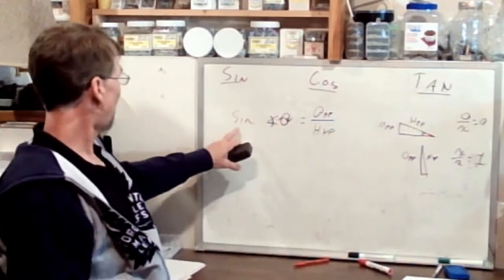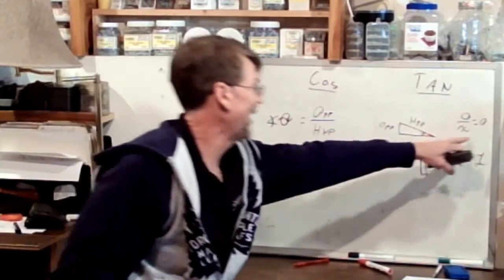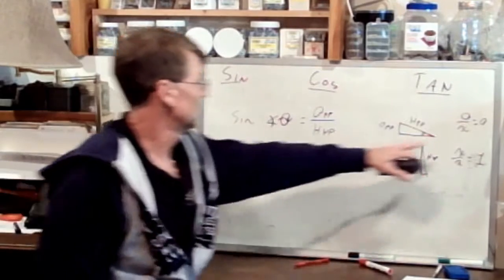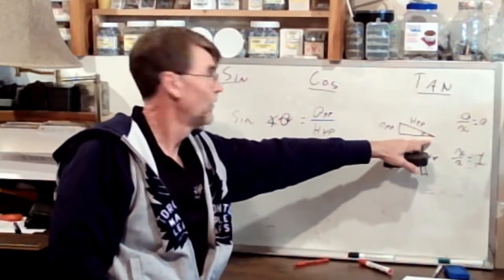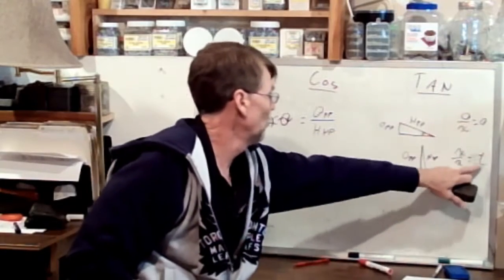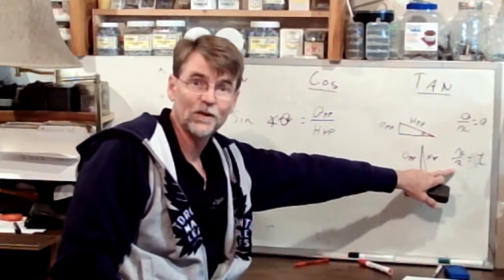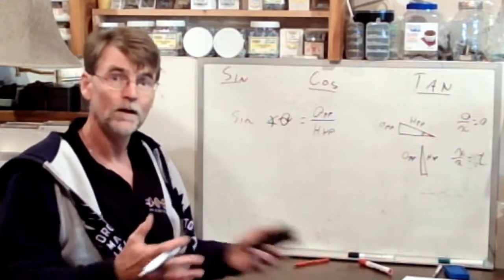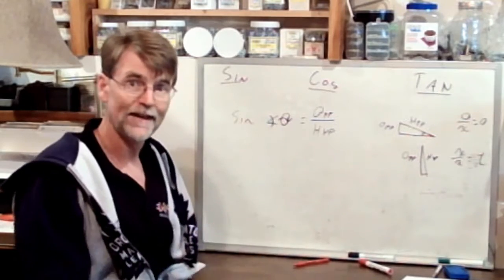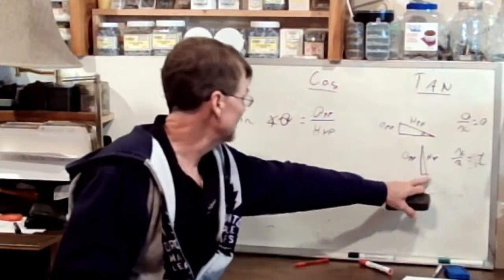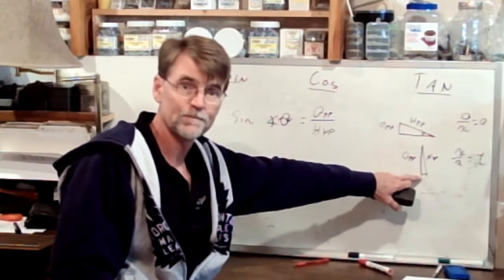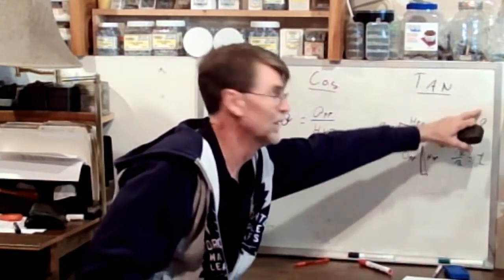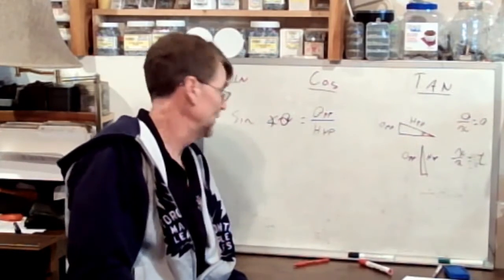So when we're talking about the sine of the angle, it's going to range from 0 to 1. 0 meaning the angle is 0, and the sine of the angle equals 1 when the angle is 90 degrees. Our two theoretical triangles are just a line, one horizontal, one vertical, because the angle has shrunk down to 0 or expanded to 90. So the sine looks at the relationship between the opposite and the hypotenuse, and we get a number that's always going to be a decimal, somewhere between 0 and 1.